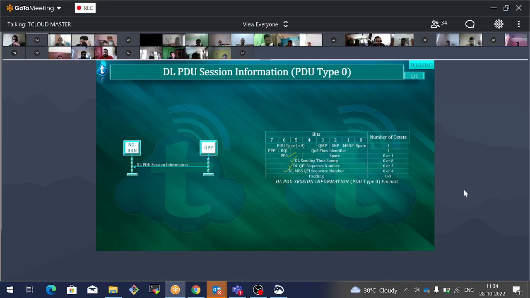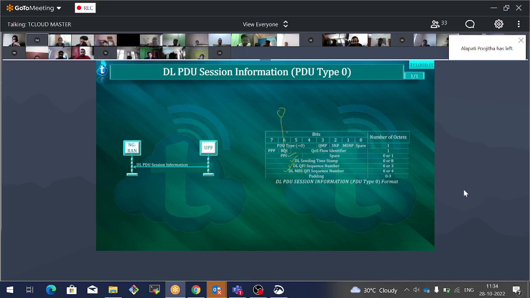If this RQI is set to zero, that means we are not enabling reflective quality of service. So the data rate is applicable only in downlink. The same thing need not be reflected by the mobile equipment in uplink. So UPF is not setting it. SMF has not asked UPF to set it, so UPF is not setting it.